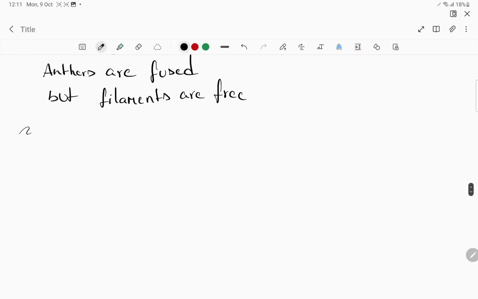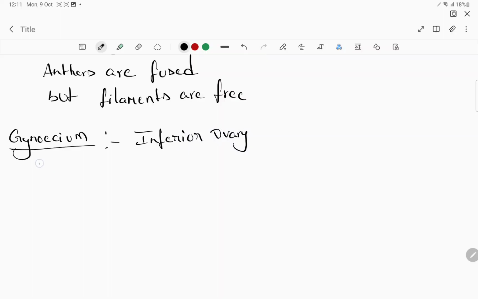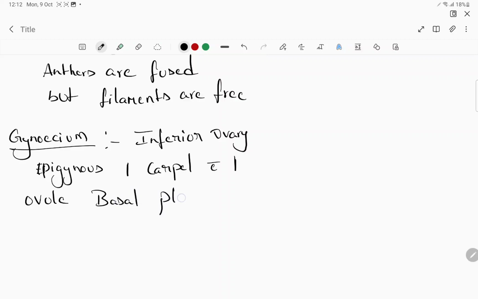And next, coming to the gynoecium. Under gynoecium, the ovary is inferior, or we call it epigynous. We have one carpel with one ovule, basal placentation.